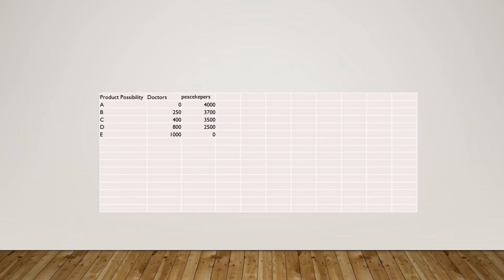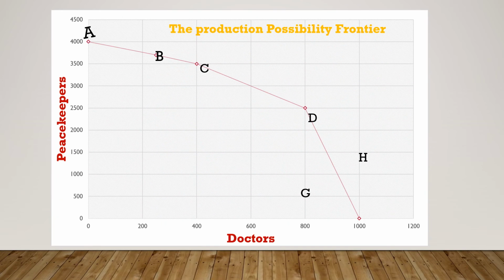Or the best way is to decide whether you want to produce some of the doctors and some of the peacekeepers. So the frontier will look like this.